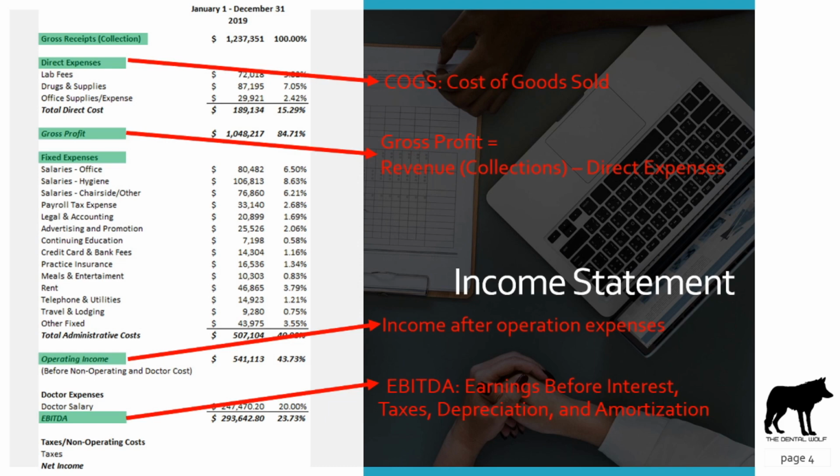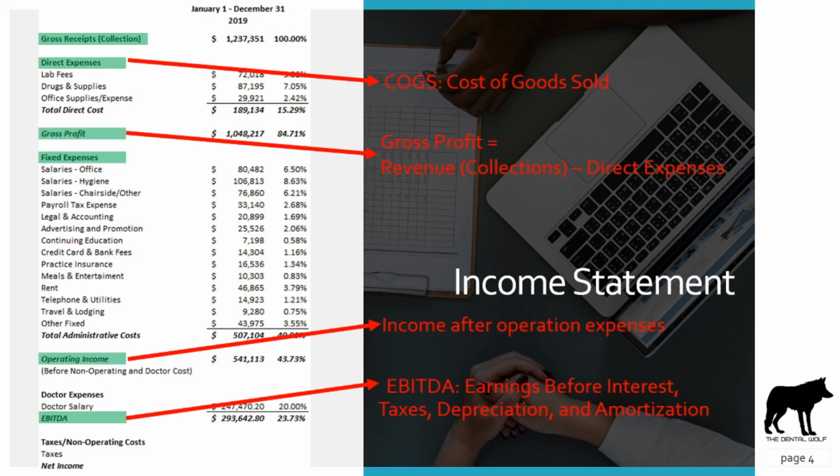EBITDA is calculated before interest, taxes, depreciation, and amortization in order to be able to compare two practices on an equal playing field. So let me give you an example. Earnings before interest expense. Interest expense is going to happen when a practice is bought using debt, which almost 100% of them will be, right? Unless you're buying a really tiny practice and somehow you've saved up a ton of money. Almost everyone's going to buy their practice using some amount of debt.